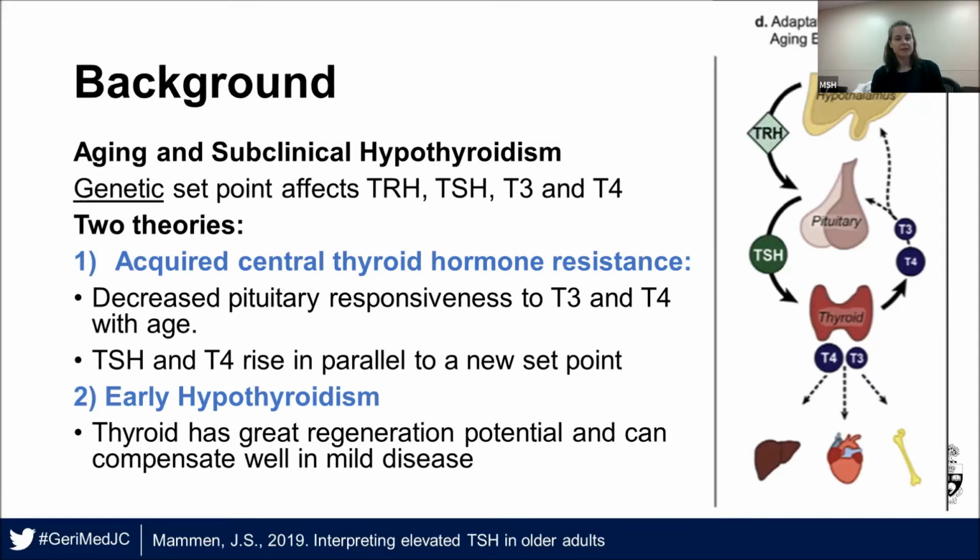The first is acquired central thyroid hormone resistance, a decreased pituitary responsiveness to T3 and T4 with age, so TSH and T4 rise in parallel to a new set point. The second theory is that this is really early hypothyroidism, and the thyroid has great regeneration potential and can compensate well in mild disease.